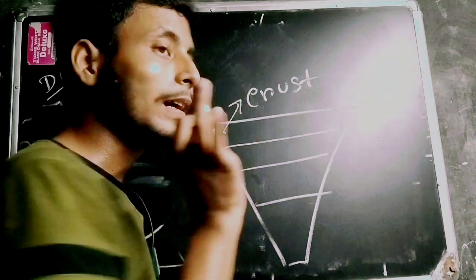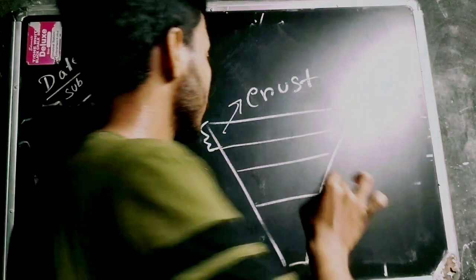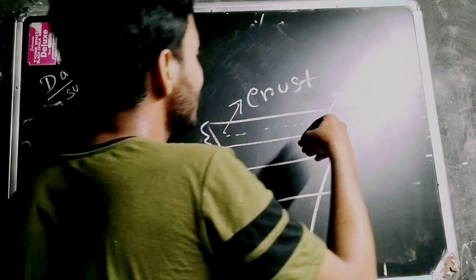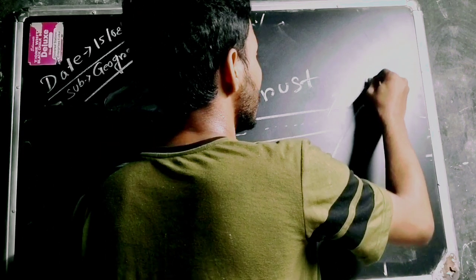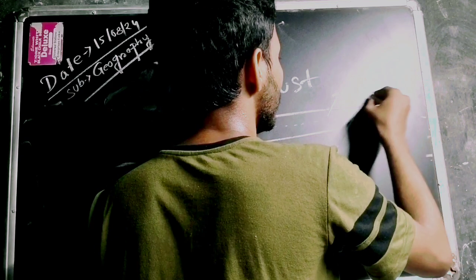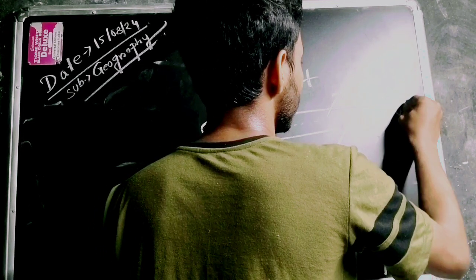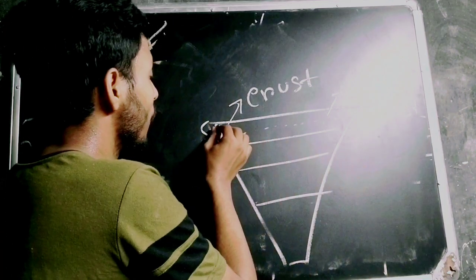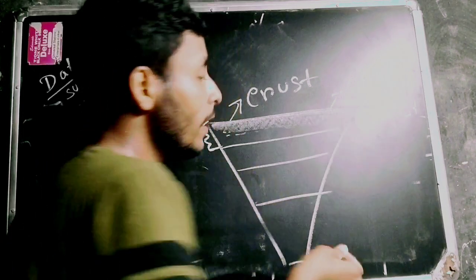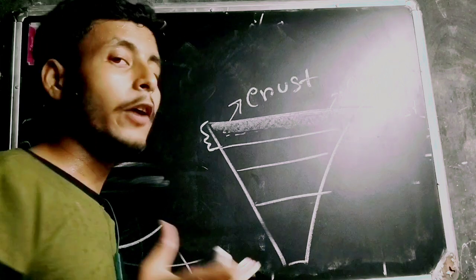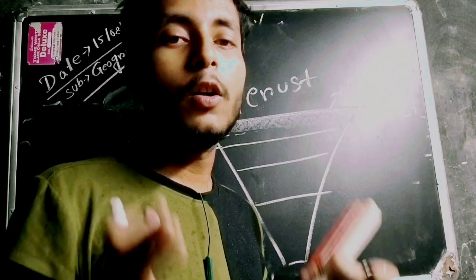The crust is also divided into two parts. The first one is called the continental crust. We all know there are 7 continents in our world.